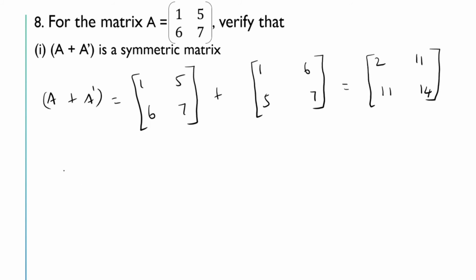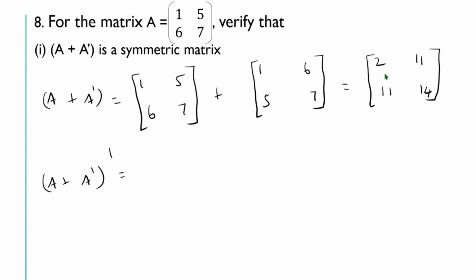Now we have to check whether A plus A transpose is a symmetric matrix. That is, if we get (A plus A transpose) the whole transpose is equal to A plus A transpose, then we can say A plus A transpose is a symmetric matrix. Now (A plus A transpose) the whole transpose is equal to, here we have to take the transpose of this matrix.